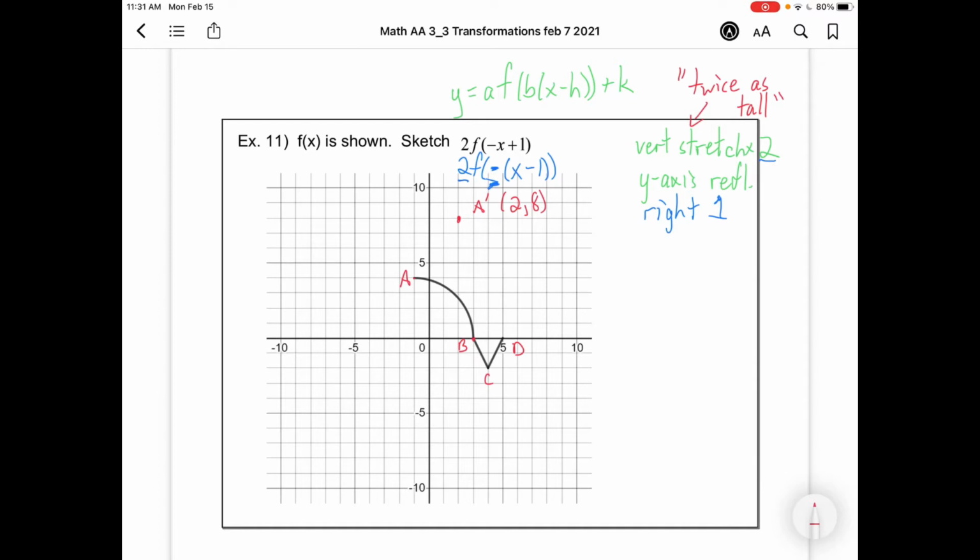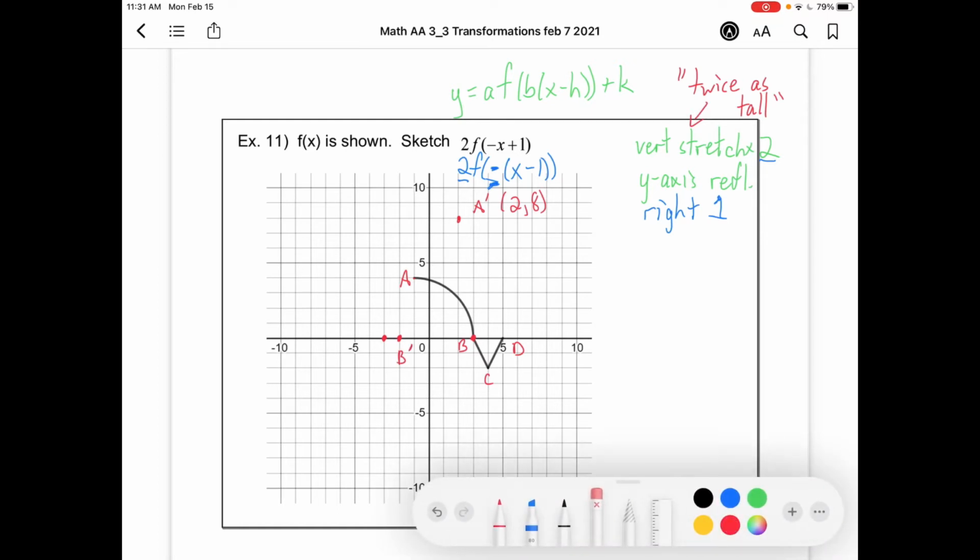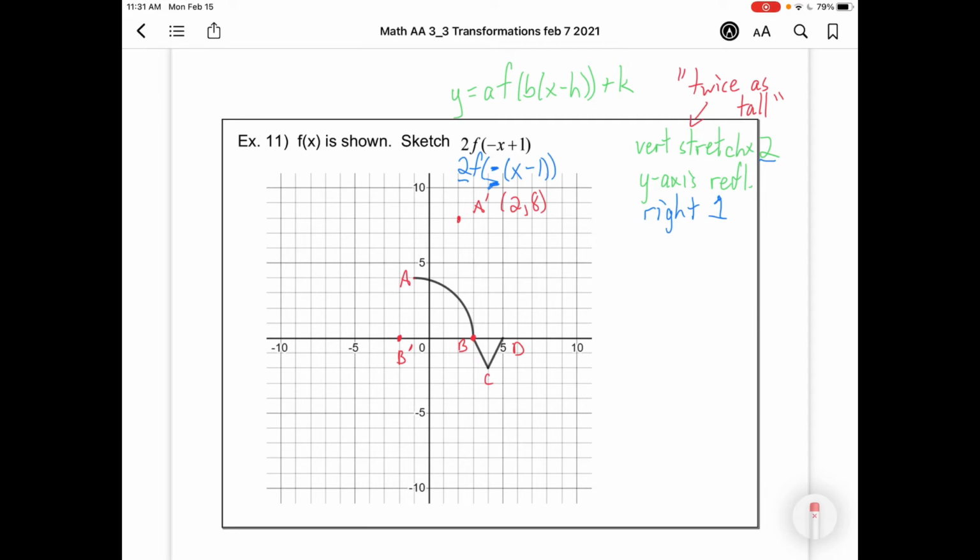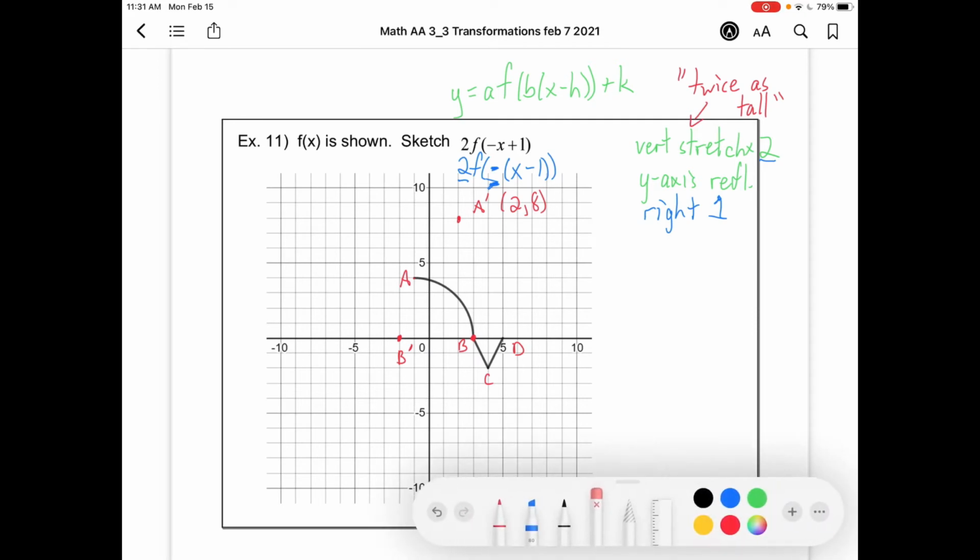So this vertical stretch is going to do nothing to this point. It's going to get a y-axis reflection. That'll send it to the other side of the y-axis. So it was on the right, now it'll be on the left. And finally it will move to the right 1. So there would be B prime. I'll get rid of the dots that I made on the way, or the dot singular. And I'll do the rest of the points similarly.